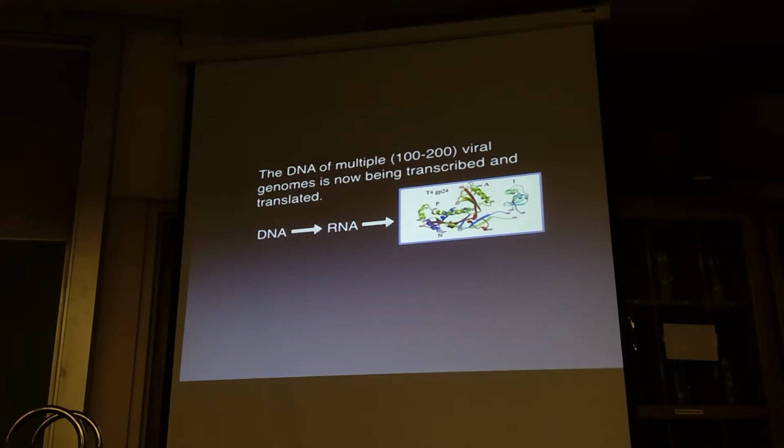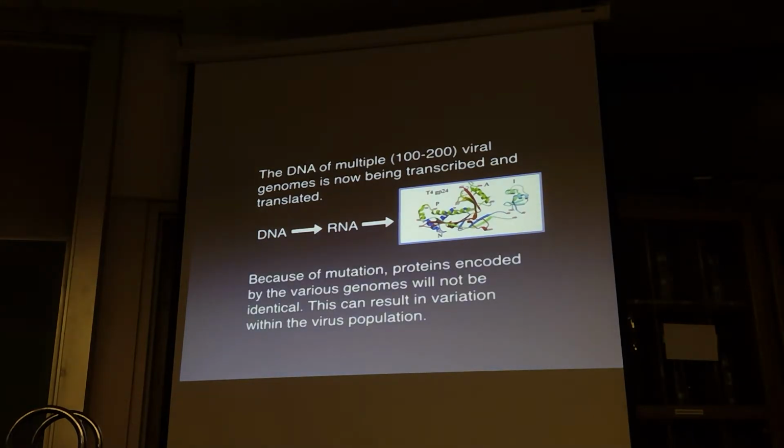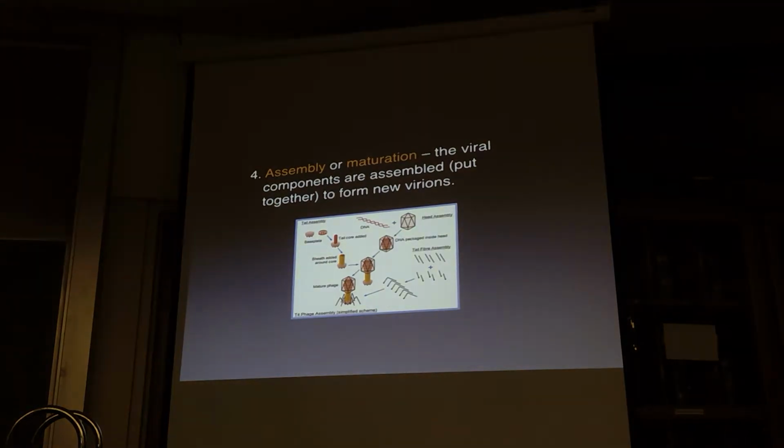But that protein coat, the capsid, the tail fibers, etc., are going to allow the virus to get in. If you mutate it much, perhaps the virus changes host. Maybe if it was infecting one strain of Escherichia coli, mutations would allow it to infect a different strain of E. coli. So mutations will happen, and as a consequence, these tail components are going to be a little bit different from one another.